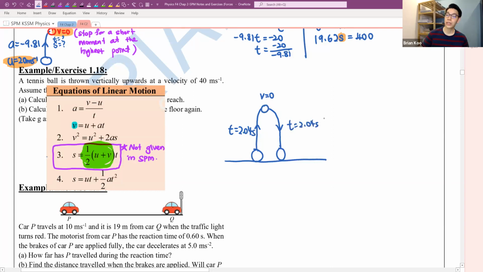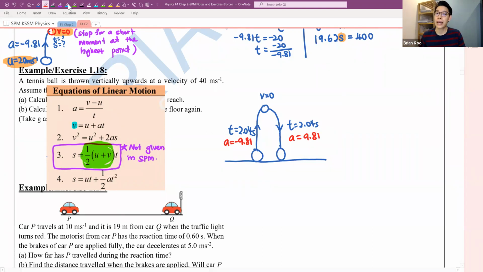Because why? The rate of you slowing down is negative 9.81. The rate of you speeding up is also 9.81. So you slow down by 9.81 and then you speed up 9.81 also. So one is negative, one is positive. Eventually the left side and the right side will be exactly the same.